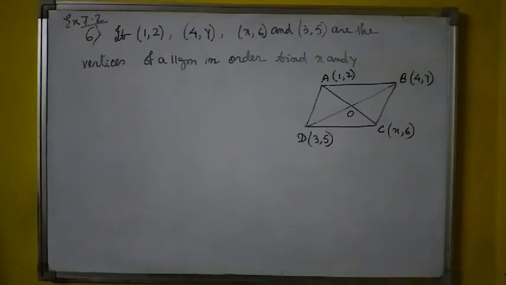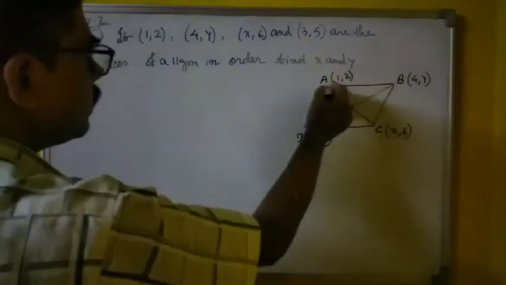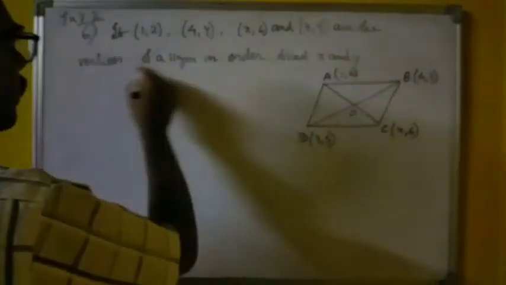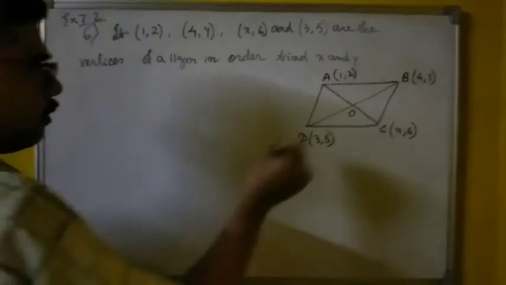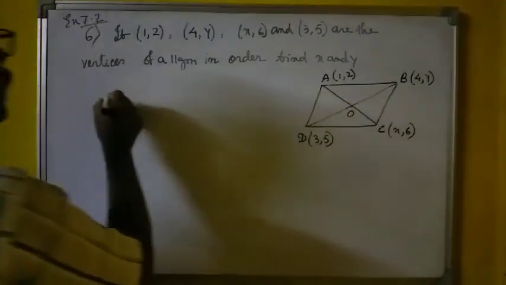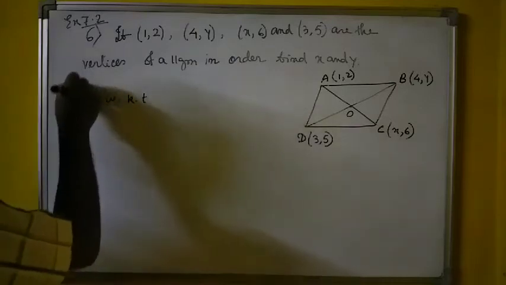Okay, now this sum. See that these are the vertices of a parallelogram. In order to find x and y, we know that O is a midpoint. What do we know?